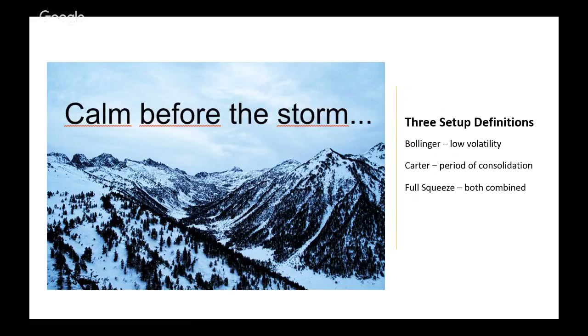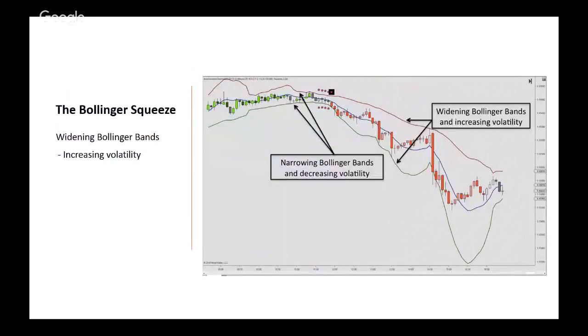And so first up here, we'll talk a little bit about the Bollinger squeeze. Briefly, the Bollinger bands display standard deviation levels above and below a moving average. So the bands widen during periods of high volatility, as we see here, and narrow during less volatile periods.